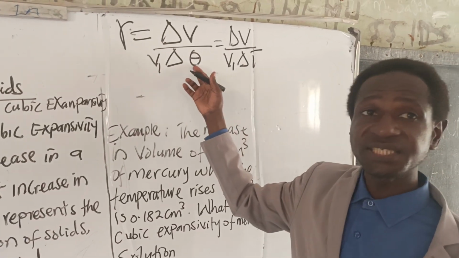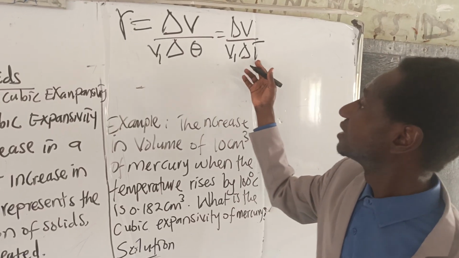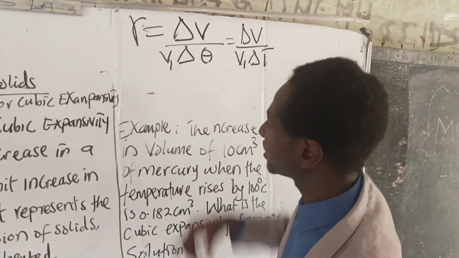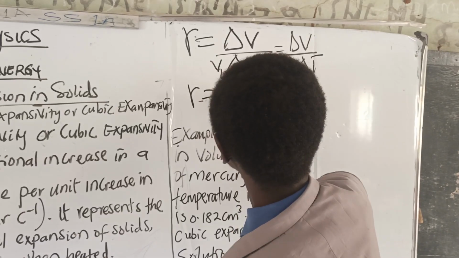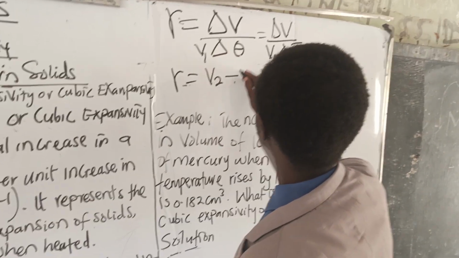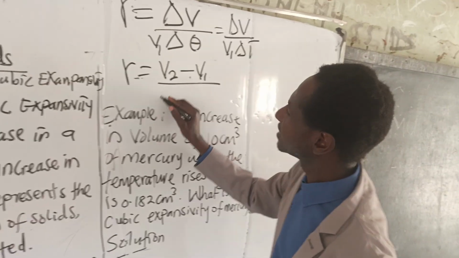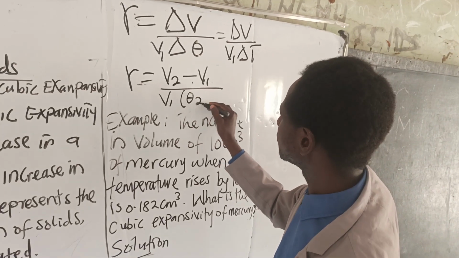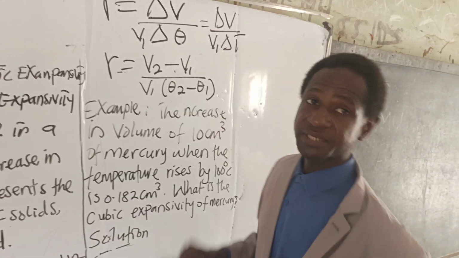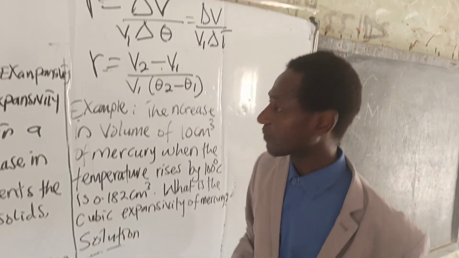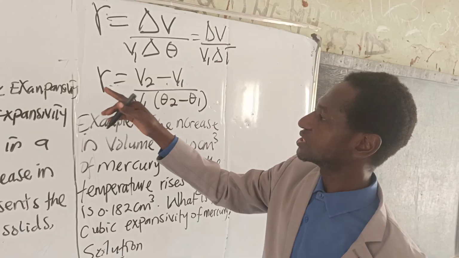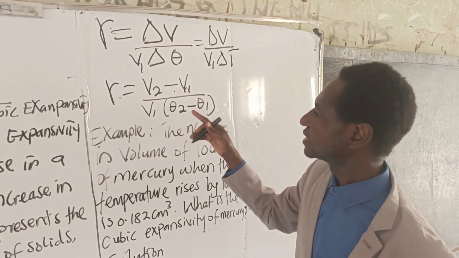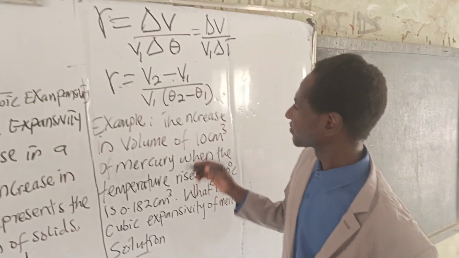It may be given as theta or as T. Delta B means B2 minus B1, and delta theta means theta 2 minus theta 1. So it came back to its original form: volume expansivity is equal to B2 minus B1 all over B1, theta 2 minus theta 1.